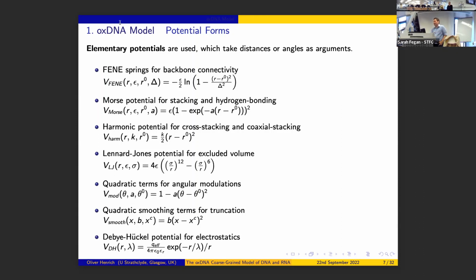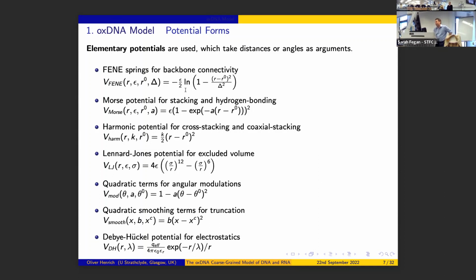You see there's a logarithm that appears here, so it means you can't extend further than a limit; it's finite. This is where the F comes from. So this is a FENE potential which appears solely in the backbone interaction to model the backbone connectivity.